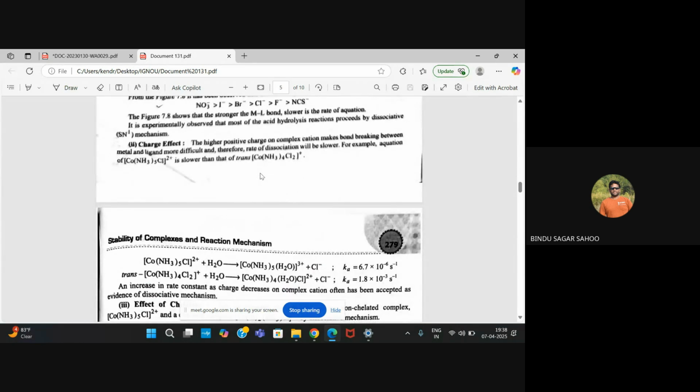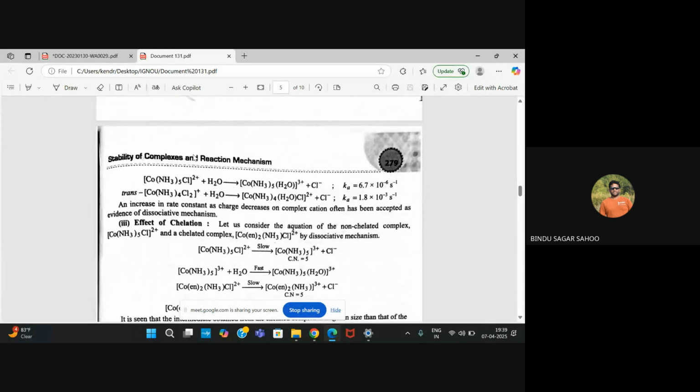There are several factors that also affect the aquation process, or hydrolysis process. The first factor is the charge effect. The postulate predicts that the higher the positive charge on the complex cation, the more difficult the bond breaking between the metal and ligand. You can check this reaction directly.